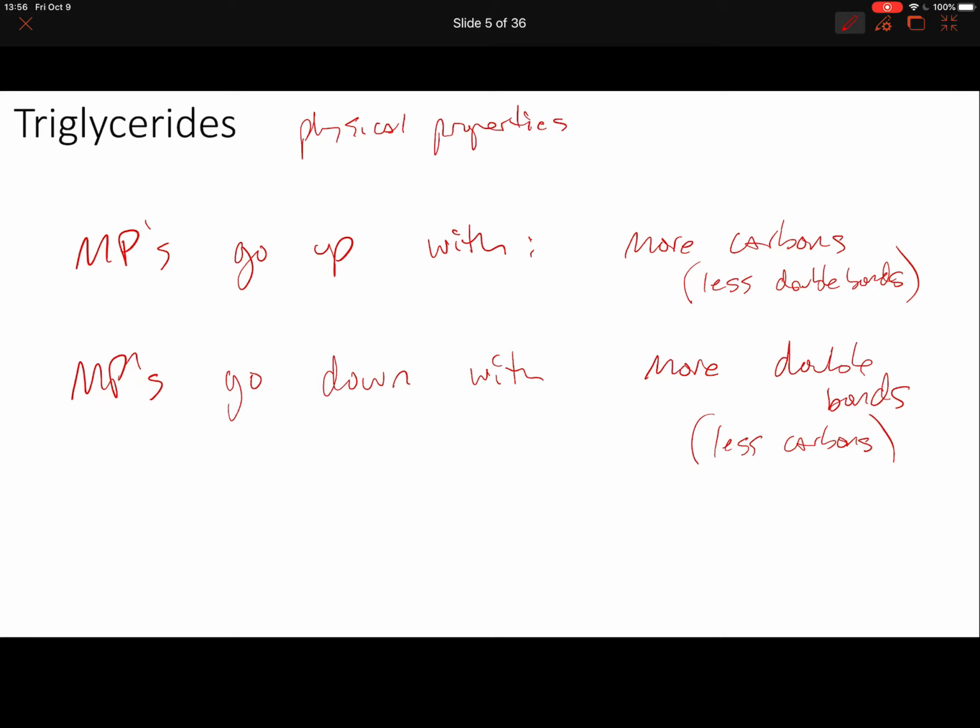And so this has some implications. Triglycerides that are rich in unsaturated fatty acids are generally liquid at room temperature, and we call them oils. Oils have more unsaturated fatty acids. And what we would typically call a fat is going to have more saturated fatty acids.